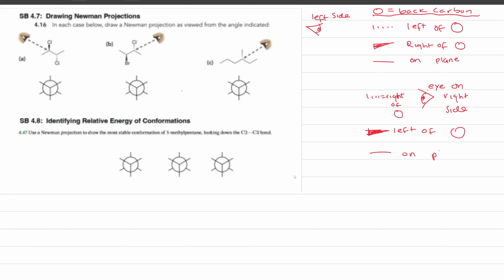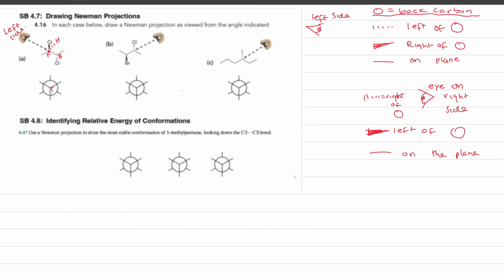Okay, so the dash is always closest to where you're looking down? No, the dash just means that you are either left or right, depending on where your eye is. Let me show you what I mean. The eye here is on the left side, right? Yeah. So on the circle, where should my dash be on this front carbon? We call that front, this is back.